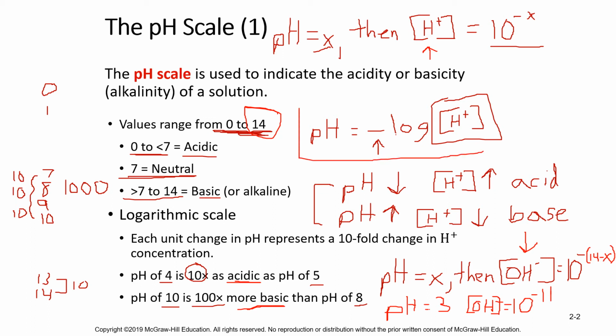Also know our equation, and know that these brackets just mean concentration of. So the pH is negative log of the concentration of hydrogen ions.